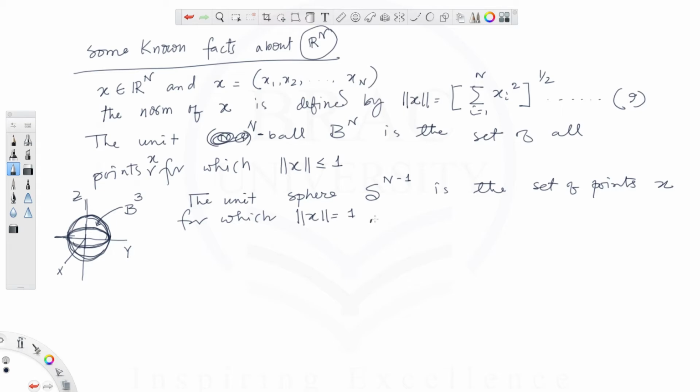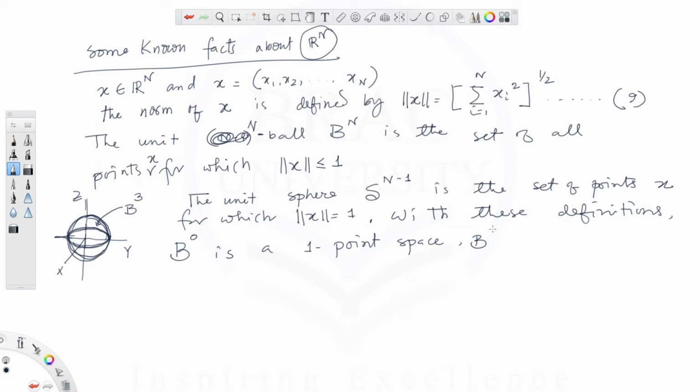With these definitions, so this was the example of B3. What about B0? B0 is just a point, a 1-point space.